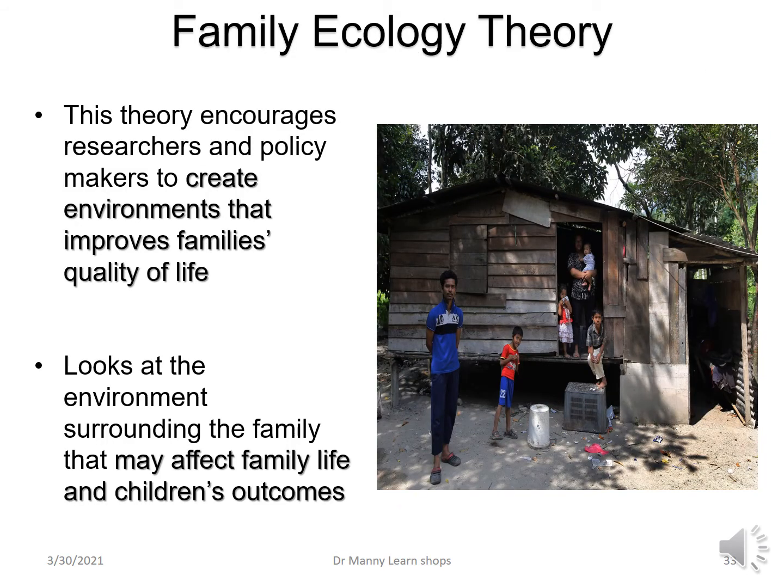In family ecological theory, this theory encourages research and policymakers to create environments that improve families' quality of life. It looks at the environment surrounding the family that may affect family life and children's outcomes. Think of Malaysia. But it's not just Malaysia, it's every country in the world, believe me. Even the United States of America.